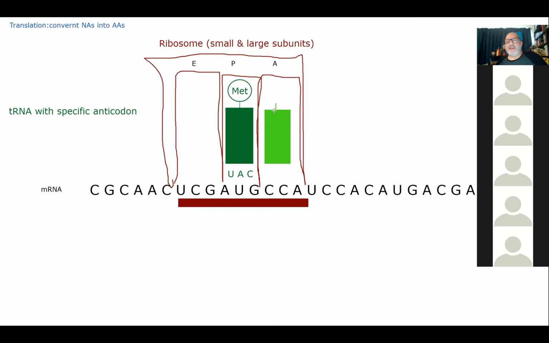Now, again, can it be any old transfer RNA that's going to be able to come into here? No, it has to be specific to the codon. It has to have the specific anti-codon that goes with the codon. And what would the specific anti-codon here be? GGU. GGU. Excellent.